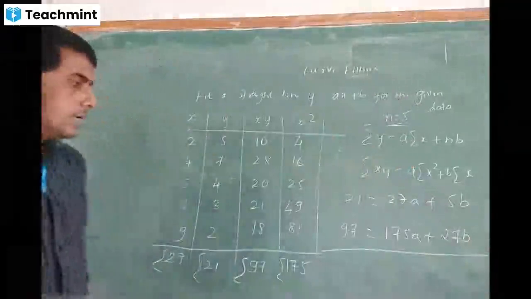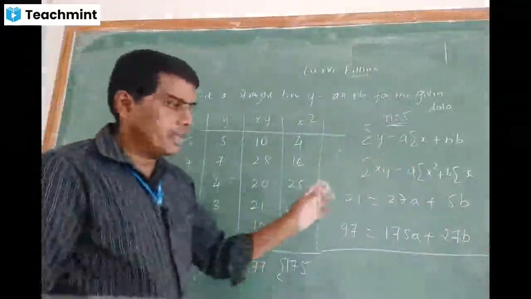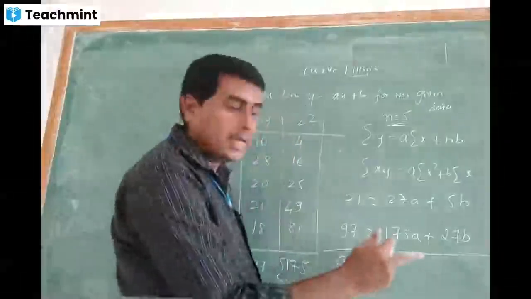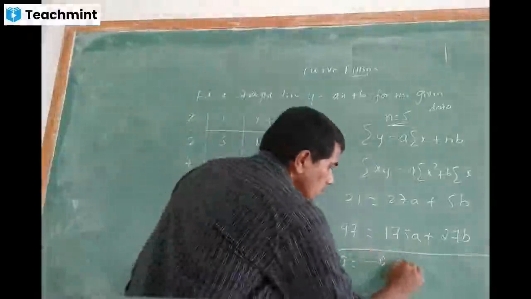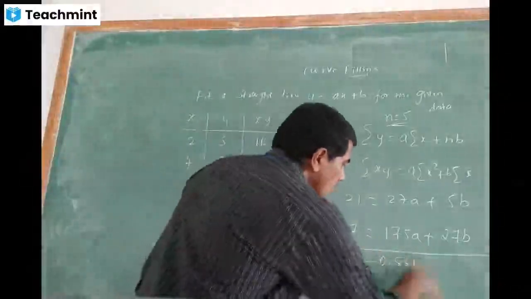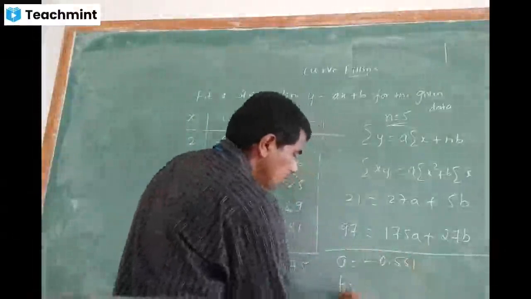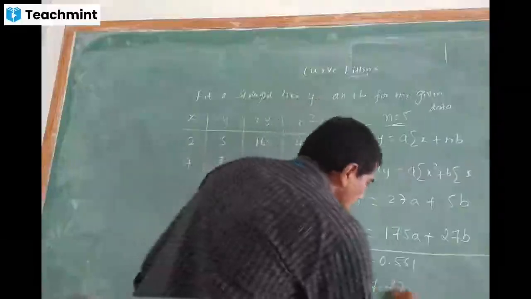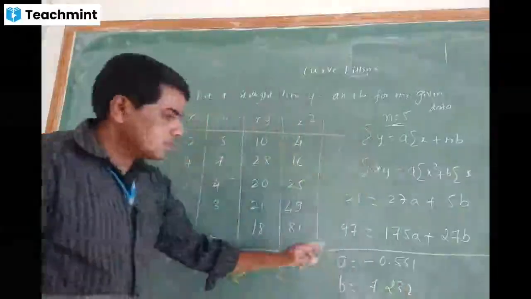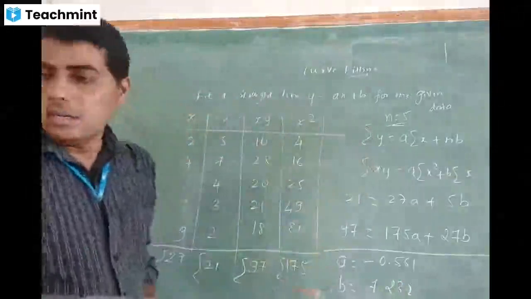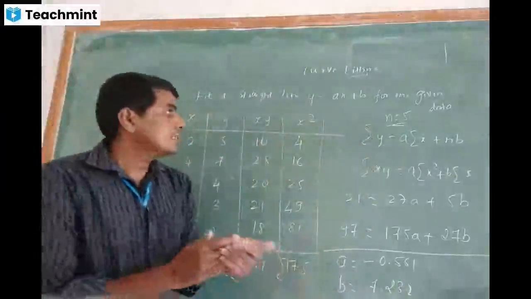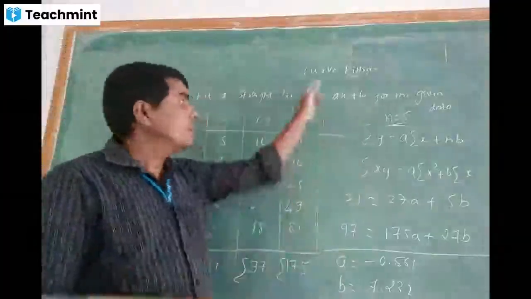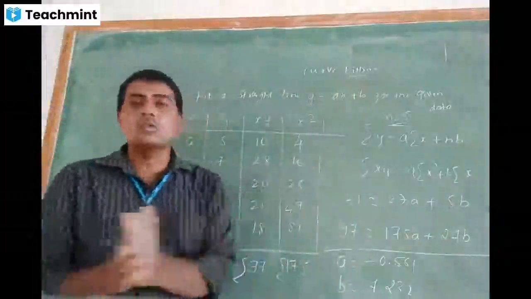So on solving using a calculator, you will obtain the values of a and b. This is the procedure for solving the equation by using the curve fitting method, or the method of least squares.